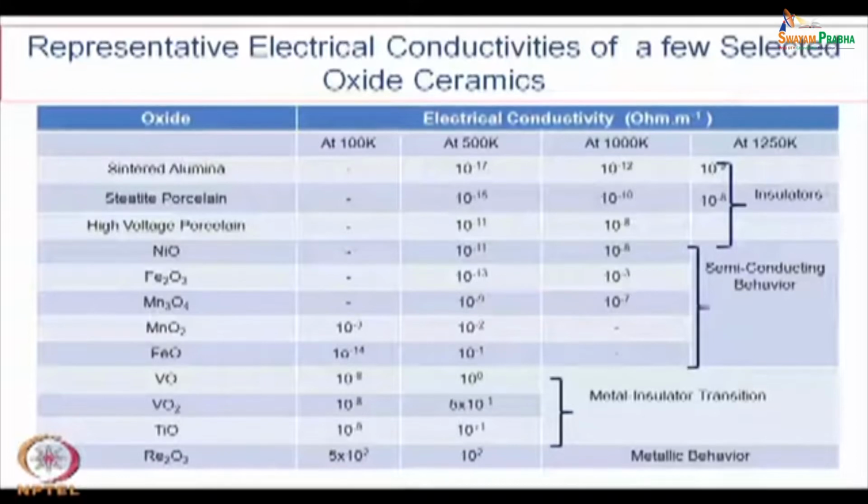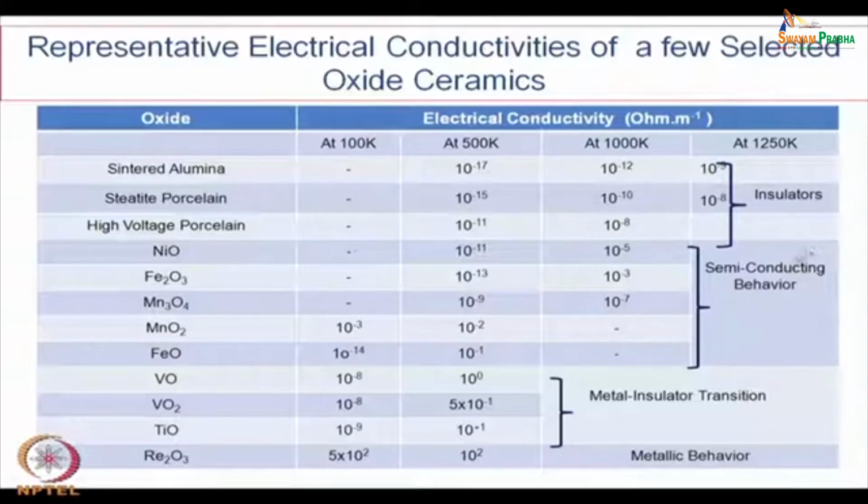Here is a list of electrical conductivities of a few selected oxide ceramics. You will see there is a very wide spectrum of electrical properties, starting from the insulators over here, then you have semiconductors.